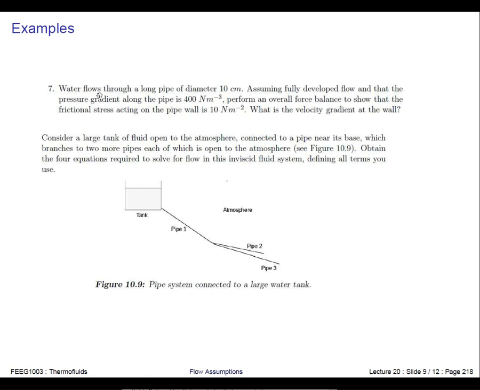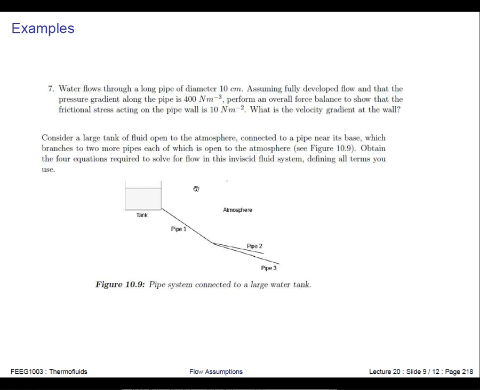You know this pressure gradient is constant all the way along the pipe, and then you're asked to work out the stress, which we'll come on to a little later. So the key words: long pipe, fully developed flow, and you would also probably assume that this flow is steady, so you take out the time derivatives.